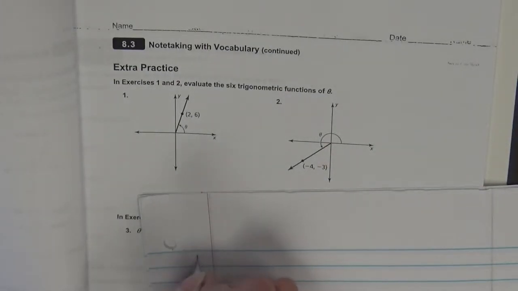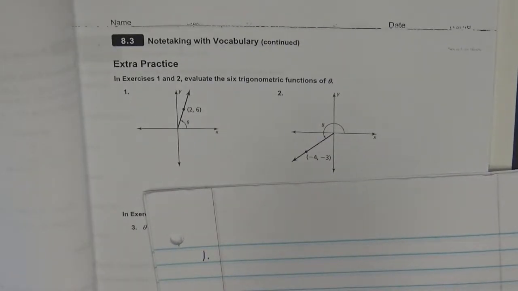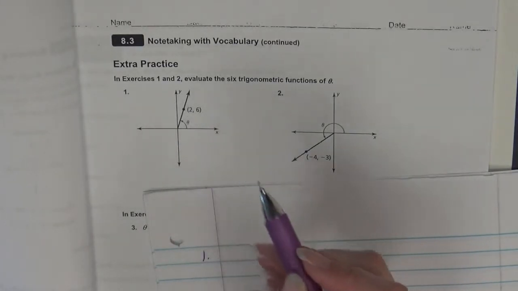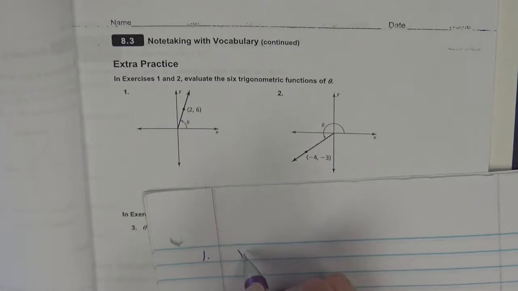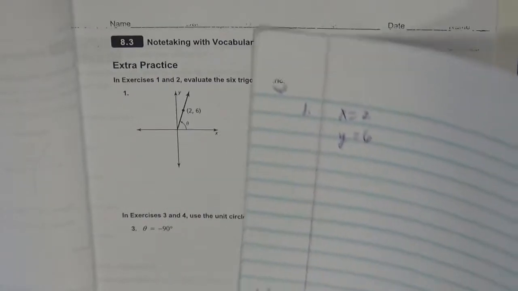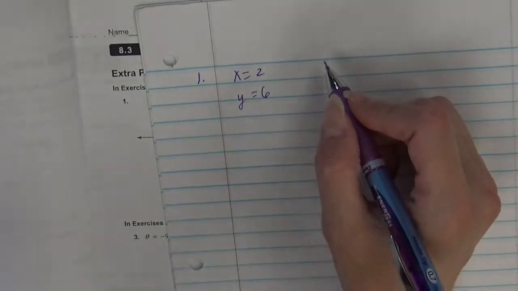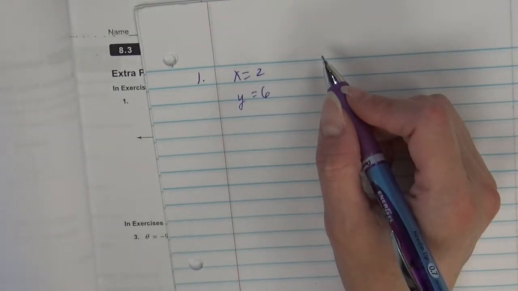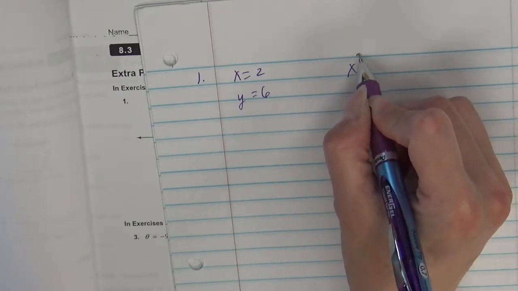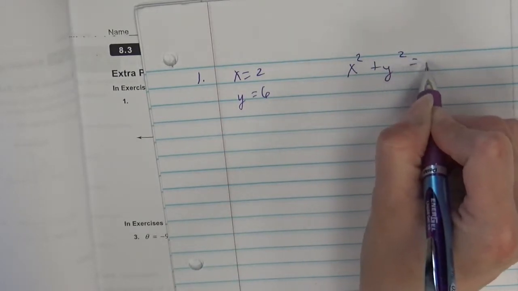Okay, so for number 1, I need to evaluate the 6 trigonometric functions of theta, and the point I'm given is the ordered pair (2, 6). So x is 2, y is 6, and I have to find my radius r. To figure out the radius, we know from the Pythagorean theorem that x squared plus y squared equals r squared.